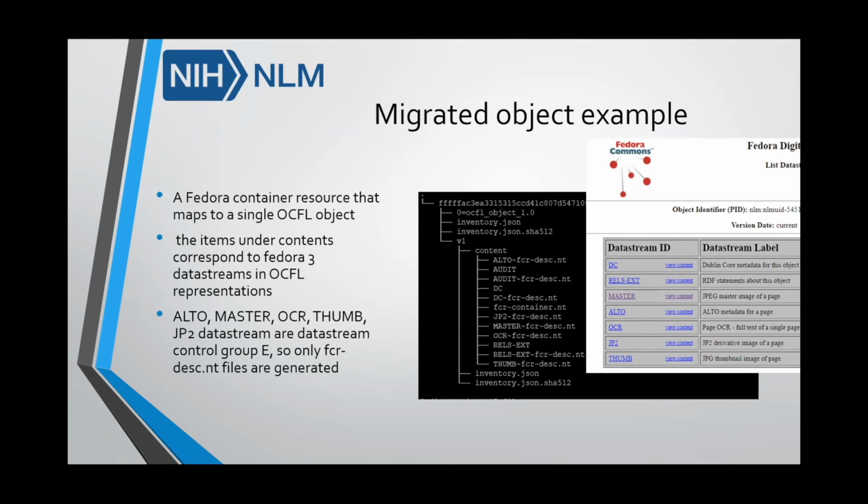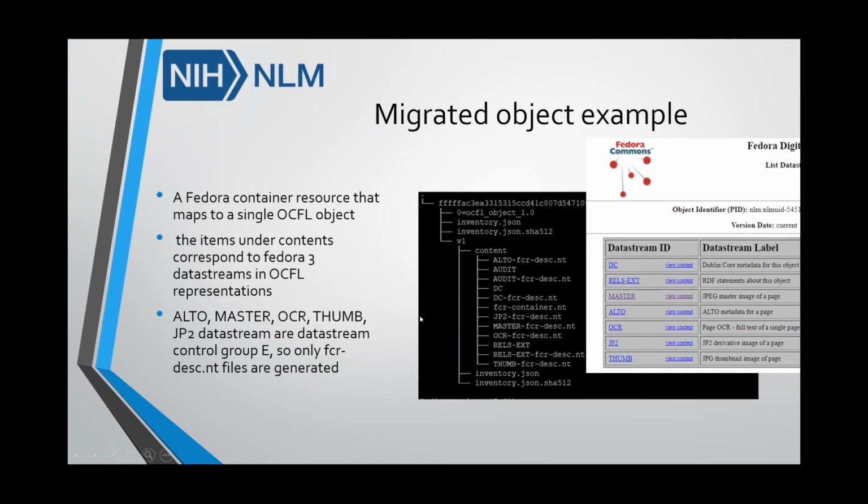So here's side by side. As you can see, the datastream binaries that are in datastream control group B, such as the master datastream, the ALTO, and the OCR, and thumbnail are not migrated, as the content itself is external, but Fedora 6 does store the description about it, so it knows where the item is in reference.